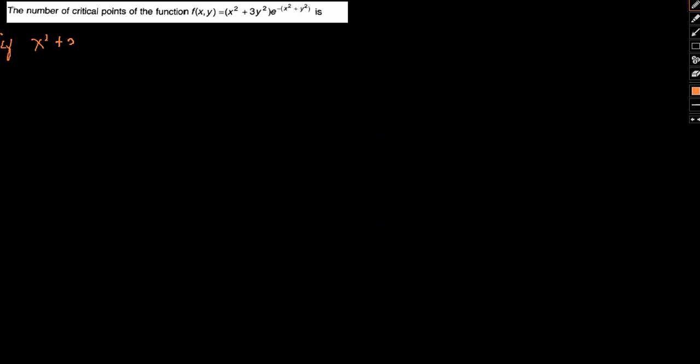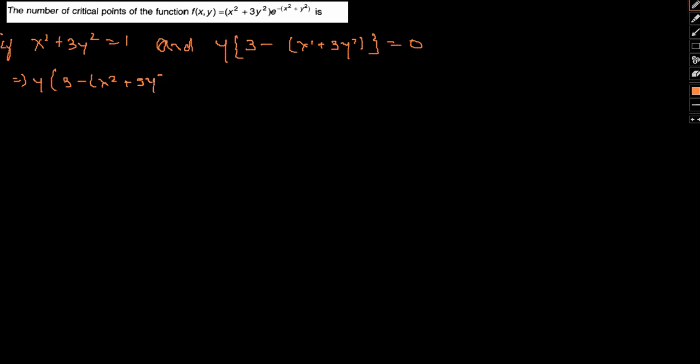If x squared plus 3y squared equal to 1 and y (3 minus x squared minus 3y squared) equal to 0, this would further imply y (3 minus 1) equal to 0.